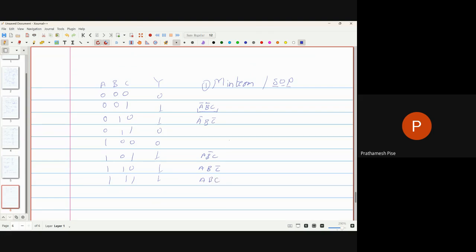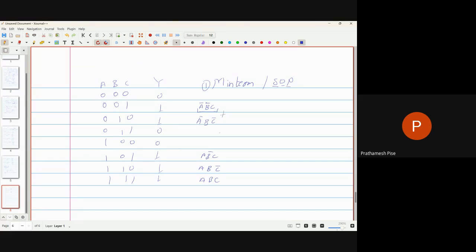So now what is the way that we can say that if any one of these terms will be high, then the output of the whole equation should be high? That is the exact definition of OR gate, correct? We said OR gate is something whose output is high if any one input is high. So what we do, we OR all these terms.